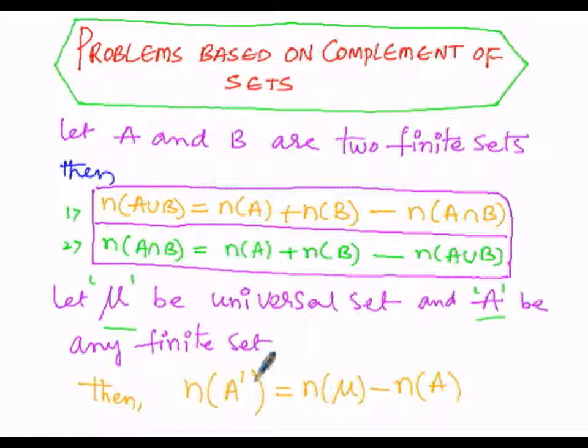Instead of set A, if it is B, we would have got N of B dash equals N of mu minus N of set B. So, in this manner we got N of A dash as N of mu minus N of A.